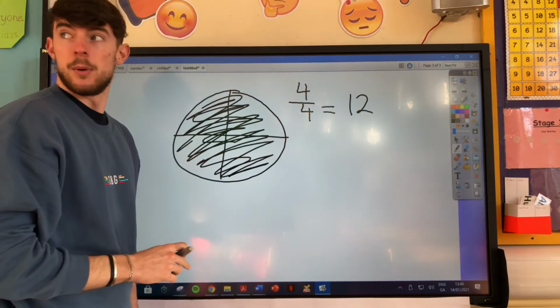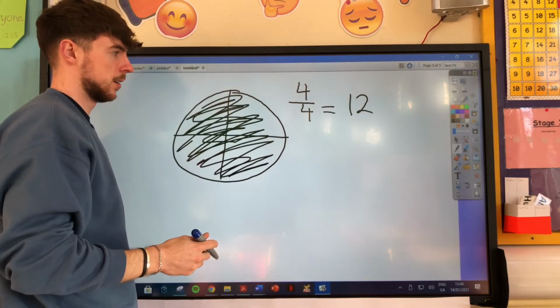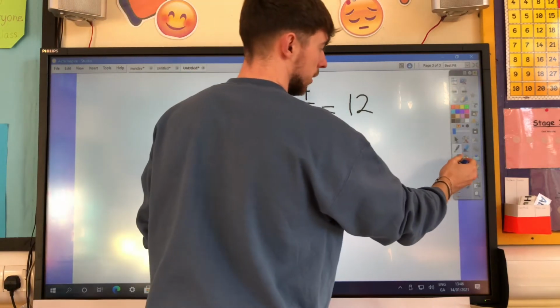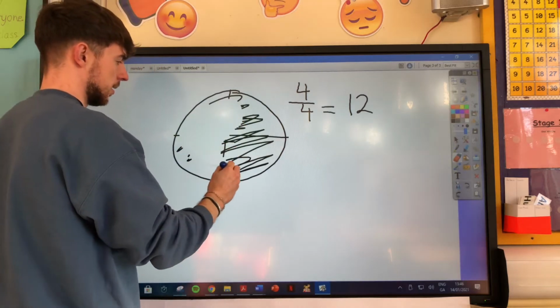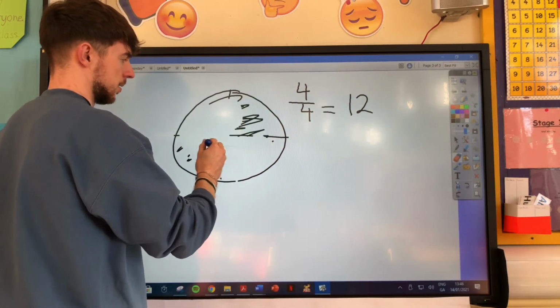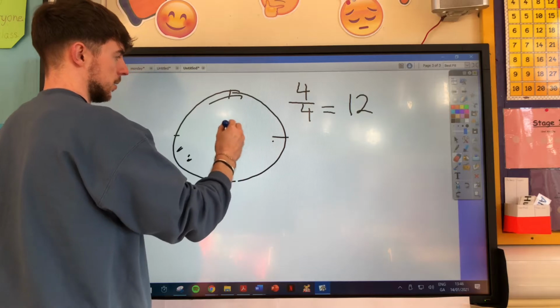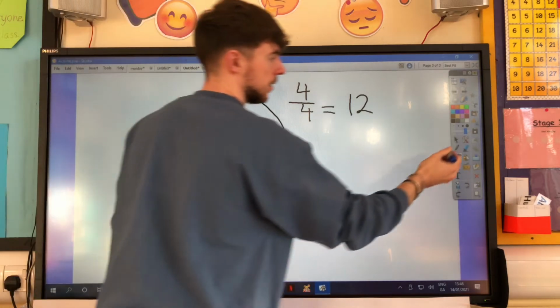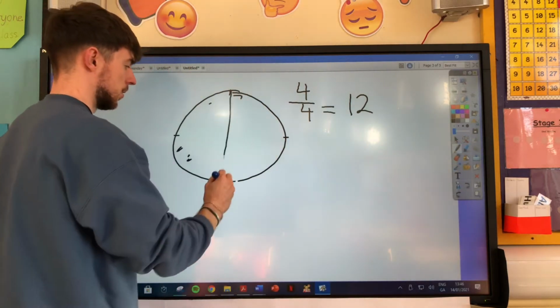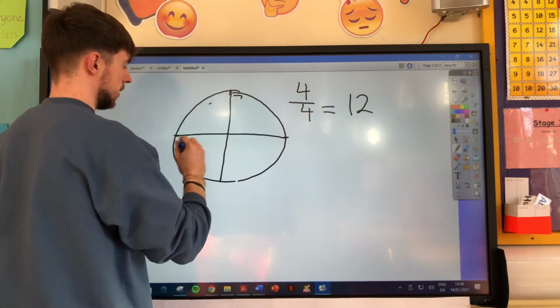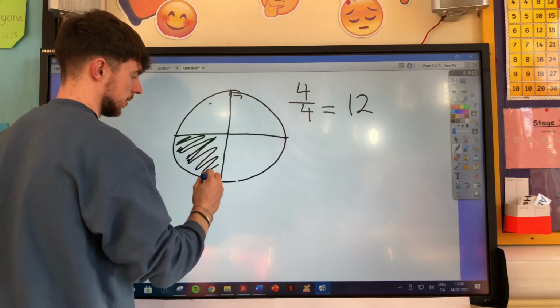And we have to look for what then? We're looking for 1 piece. So we need to find just this part.